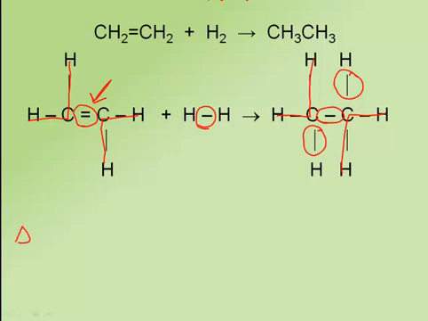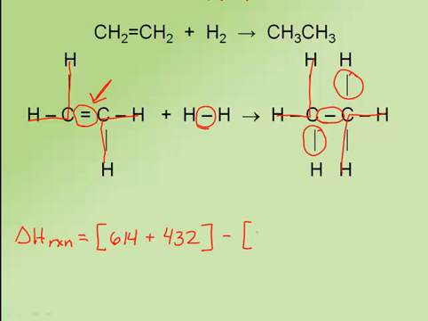So to calculate delta H using bond energies, we're going to do reactant numbers minus product numbers. The bond energy for a carbon-carbon double bond is 614 kilojoules. We add to that the bond energy of the hydrogen-hydrogen bond, which is 432. That's all our reactant numbers. We subtract from that the numbers for our products.